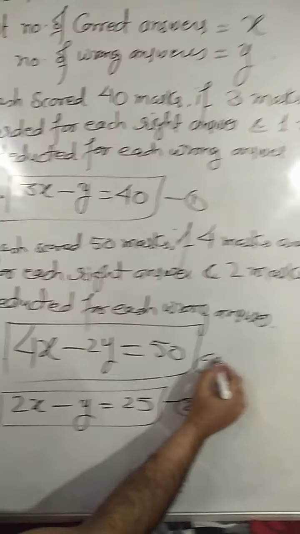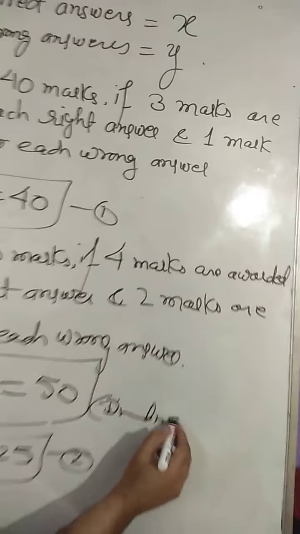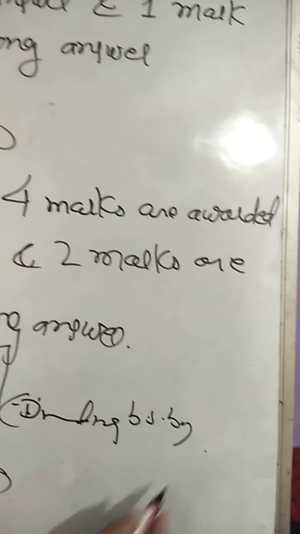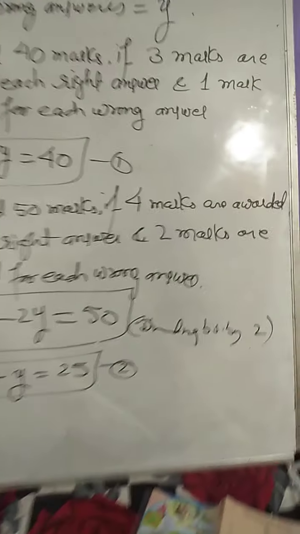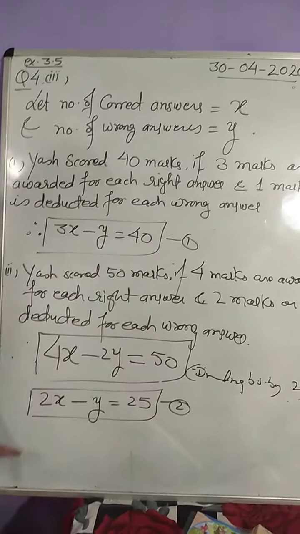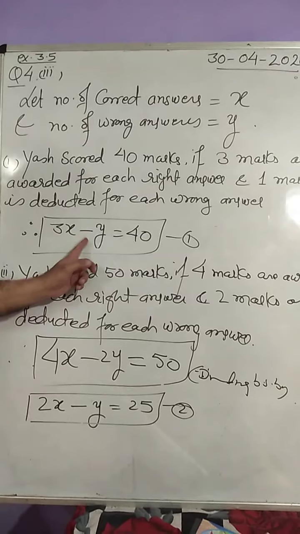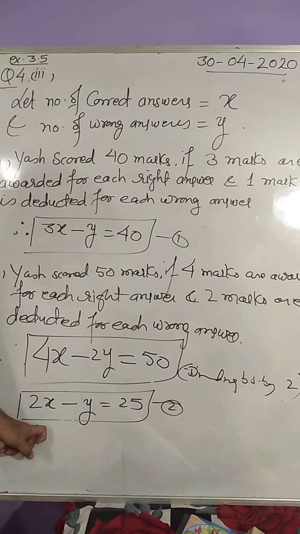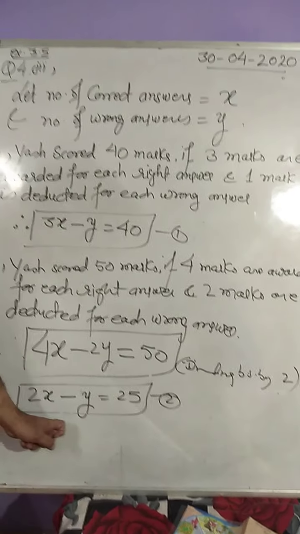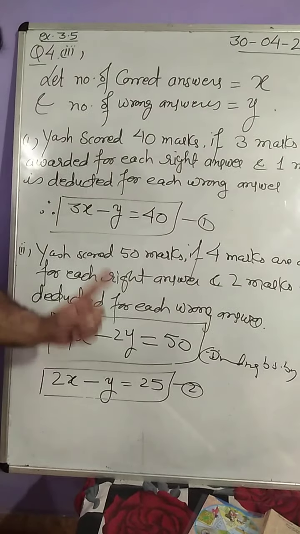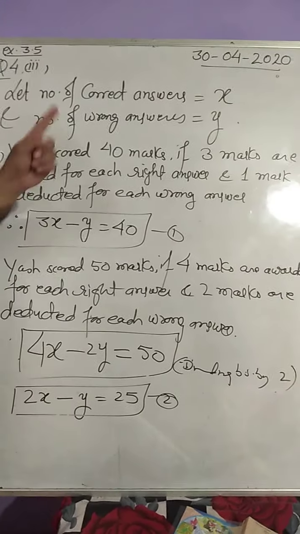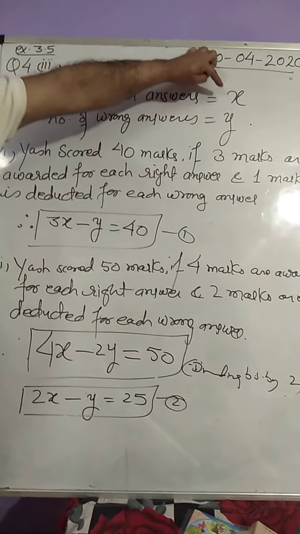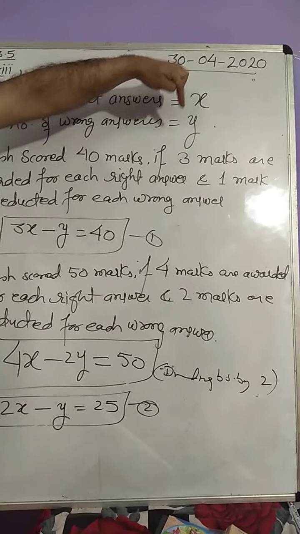So you can mention dividing both sides by the common factor. Which is the common factor here? 2. Now see the equations: 3x minus y, 2x minus y. See, the y term is the same. Which is the best method here? Again, the elimination method. Remember, in this question, after finding the values of x and y, we are asked the total number of questions. The total number of questions is x plus y.